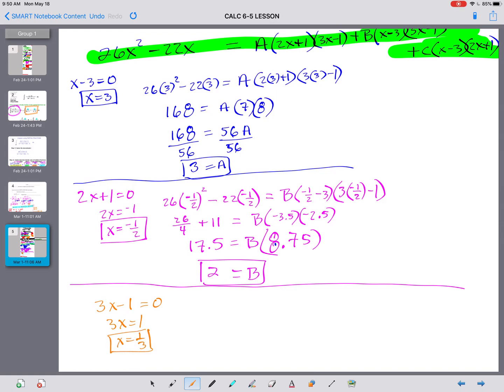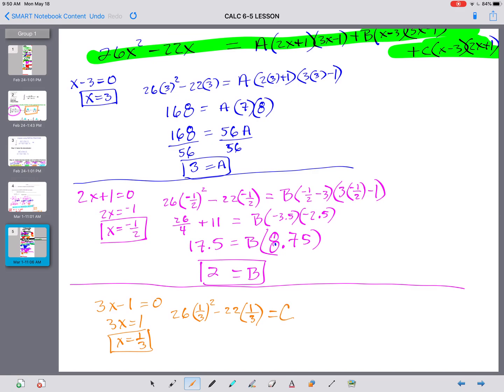Plug that into our green equation. 26 times 1/3 squared minus 22 times 1/3 equals, there are no A terms, no B terms, only C terms.